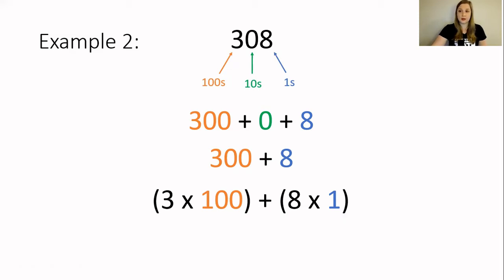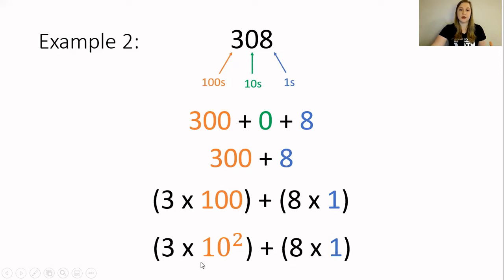Okay, and then again, with grade 7, writing it in terms of powers of 10, so using exponents with a base of 10. 100 we can represent as 10 squared, and 1 can just stay represented as 1. So as our final answer for grade 7 level, we would have 3 times 10 squared plus 8 times 1.